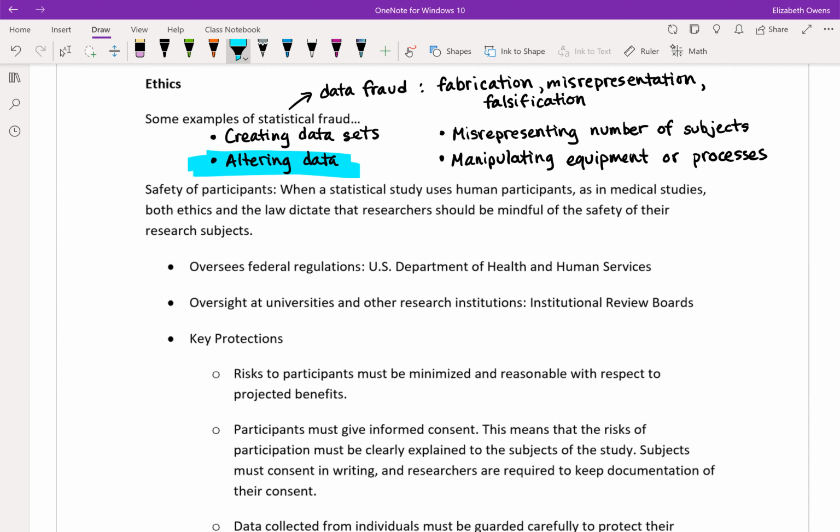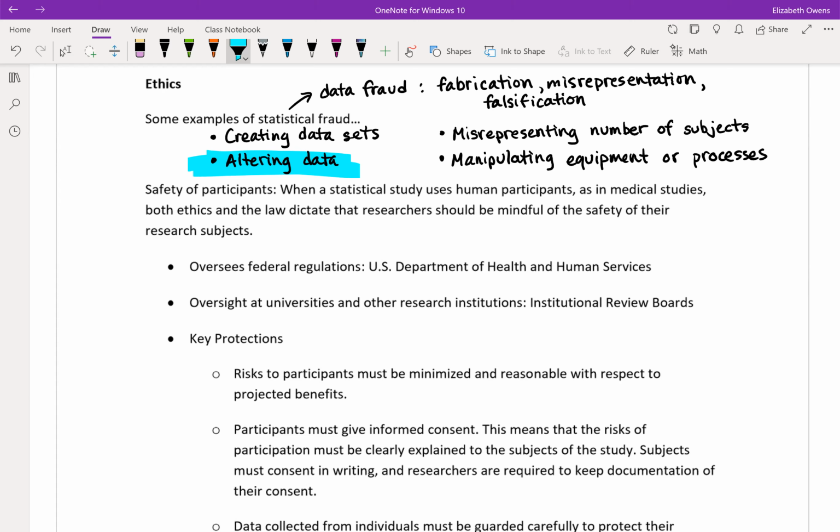That is intending to cheat. That's in contrast to, oh, this number is a 5 and I accidentally wrote down a 1. That's a case of non-sampling error that we've discussed before. But that's not fraudulent per se.